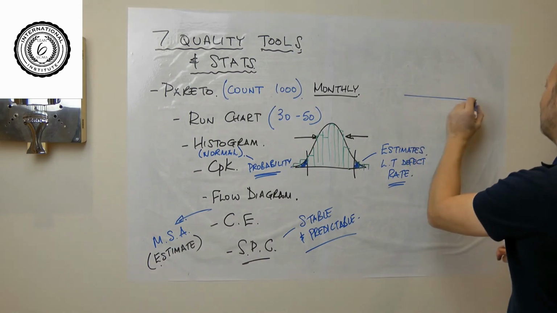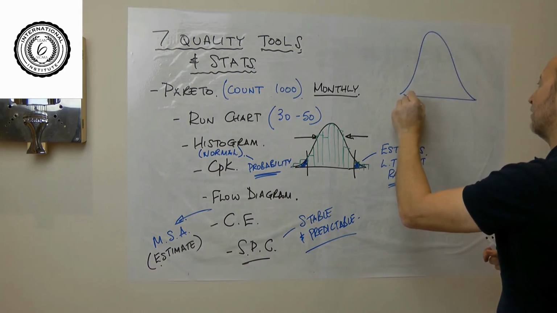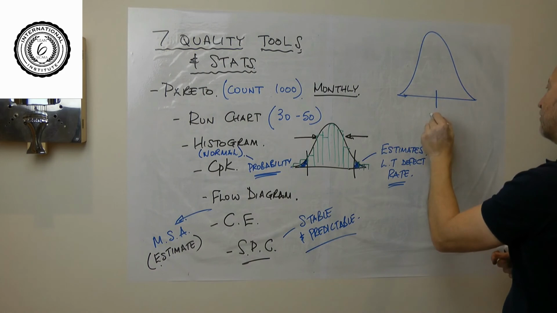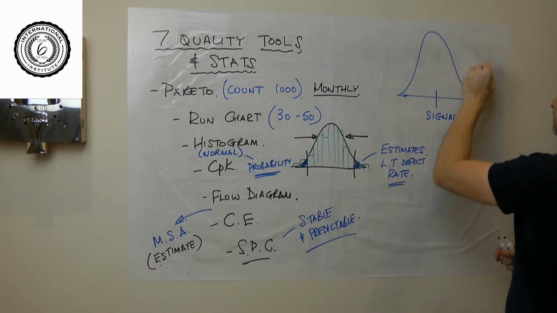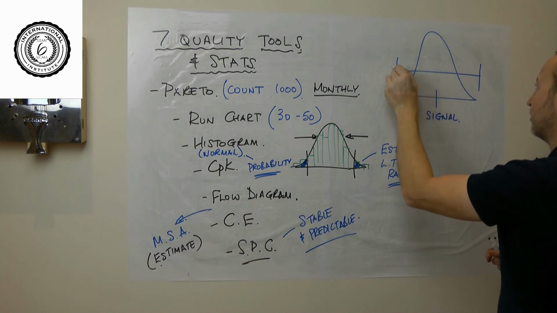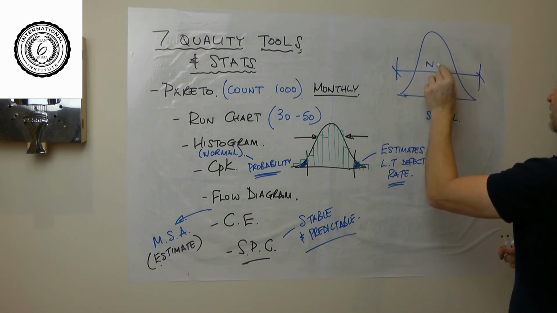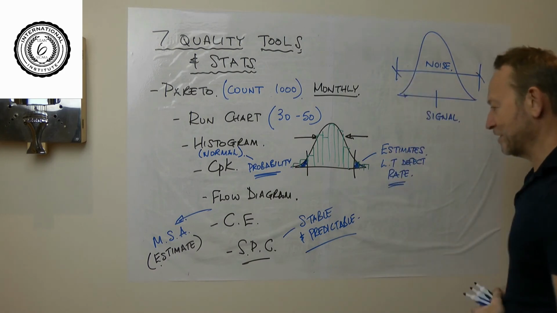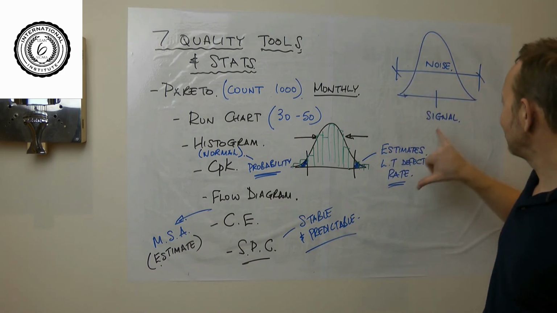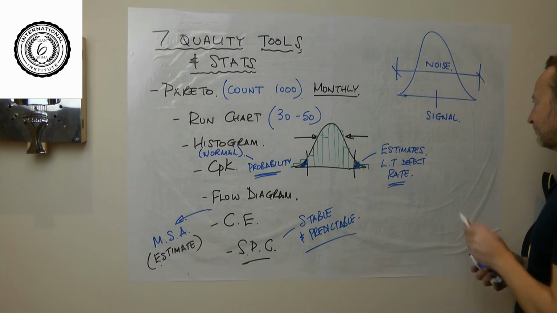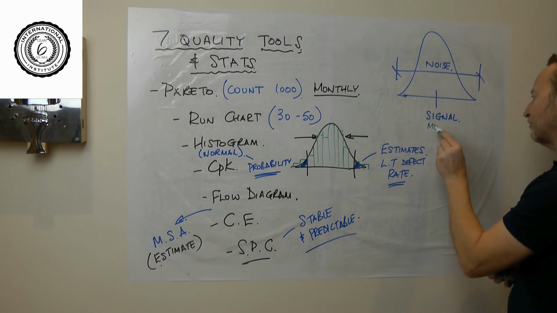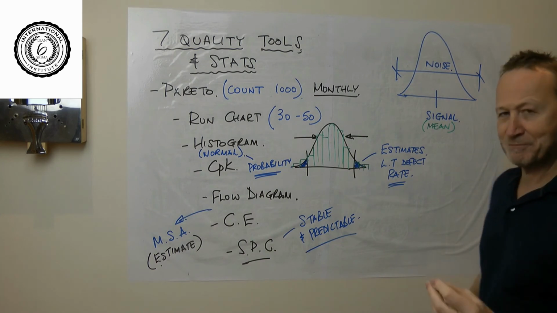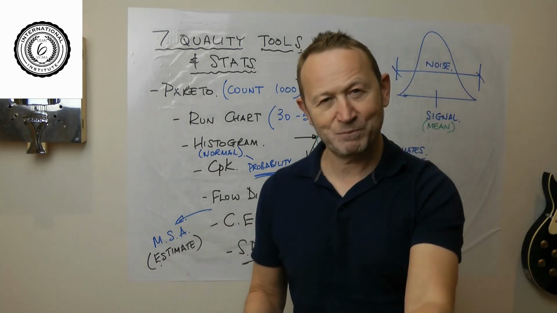Okay, so when you've got a data set, there's the signal, which is the middle, and there is the noise, which is the spread, the range of the data. When a process is stable, the signal doesn't move. In other words, the average, the mean, stays where it's put.